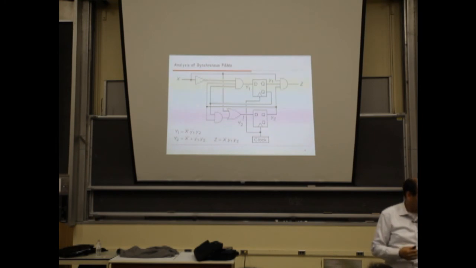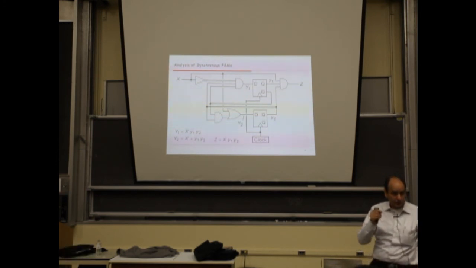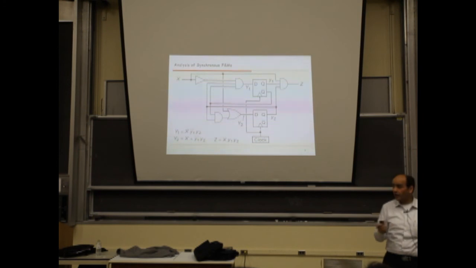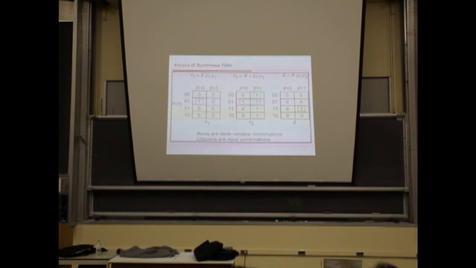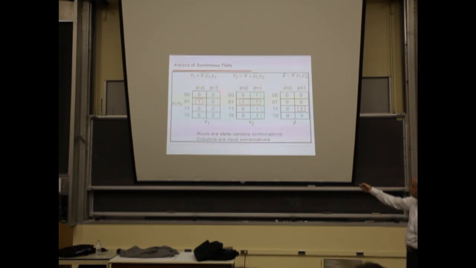Mealy circuit, is that right? Because for it to produce the output, it needs the present state as well as X. It's not only the present state that determines the value of the output, so we can say it's a Mealy machine.